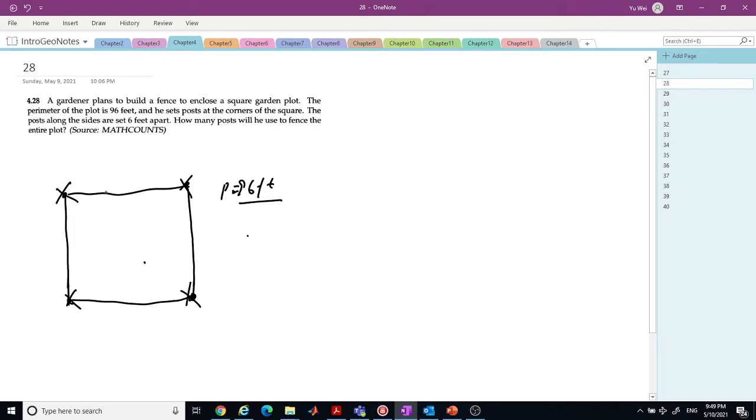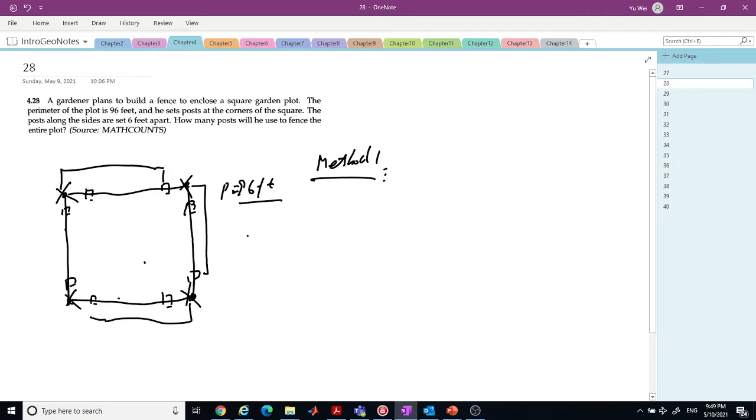So how many posts? There are two ways to solve it. Method one: let's think we can put some posts here, some posts here, some posts here. Let's group them as this, this, this, and this.